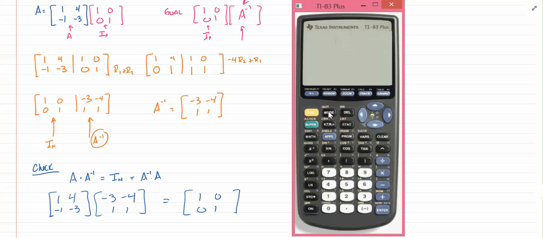Second quit. Go to matrix B, enter. That's another 2 by 2, right? So I'll enter a negative 3, a negative 4, a 1, and a 1. And then I'll do second matrix 1 times second matrix 2.